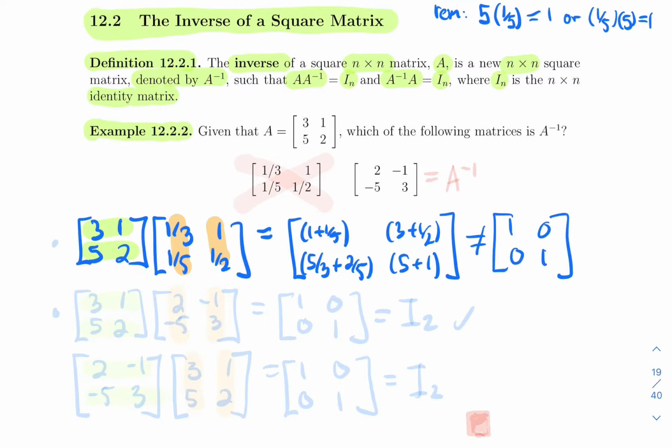So sadly for that matrix, it's not going to be the inverse. If we try the other one, that's for the first one.